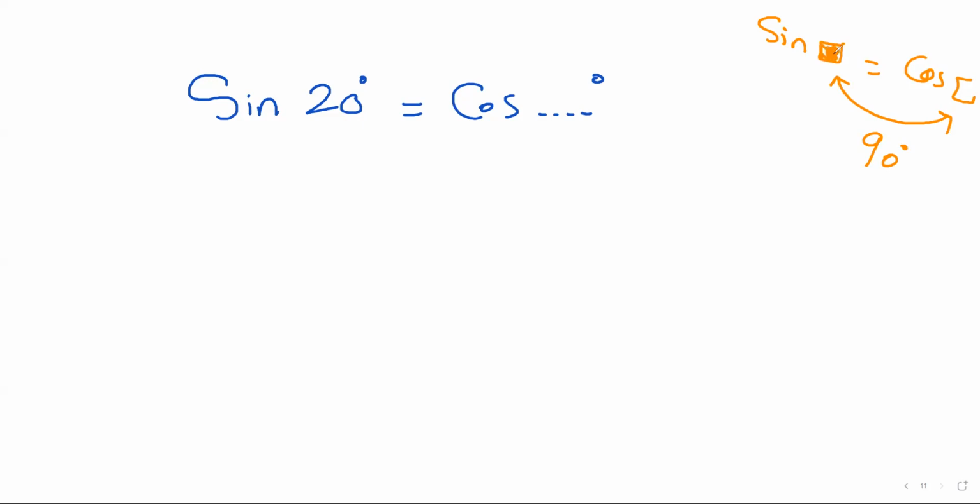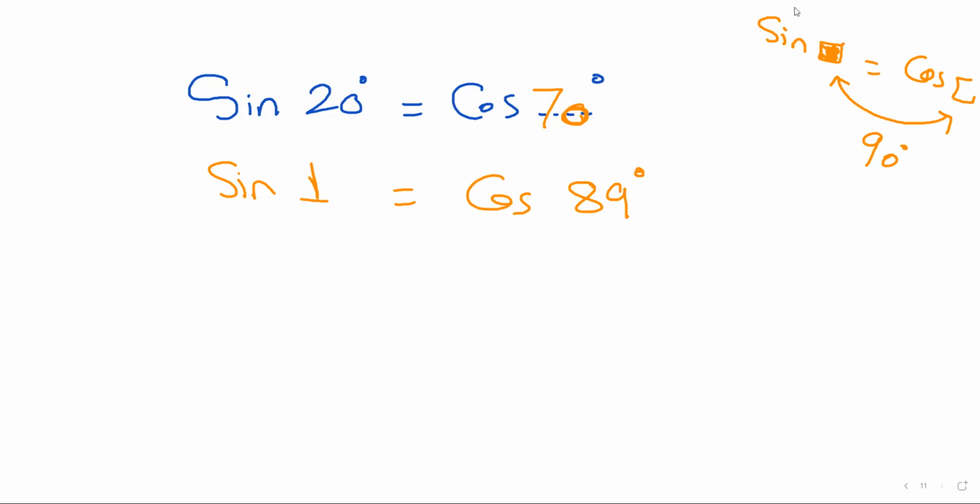So sine 20 is equal to cosine 70. And sine 1 equals the cosine of 89.